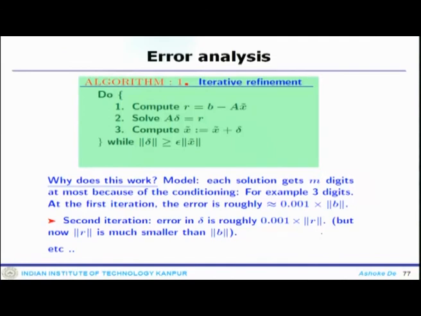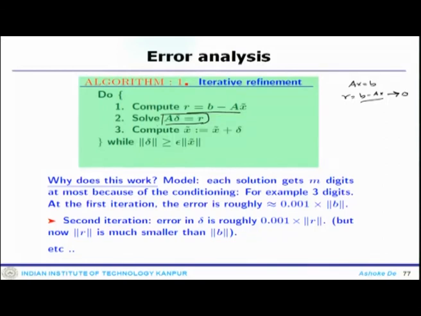Now, what is that refinement algorithm? If one looks at the pseudo algorithm, you first compute the residual vector b minus A x prime, then you solve A delta equals r. Your original system was A x equals b and your r is b minus A x. So, theoretically when you get the exact solution, this should approach 0.